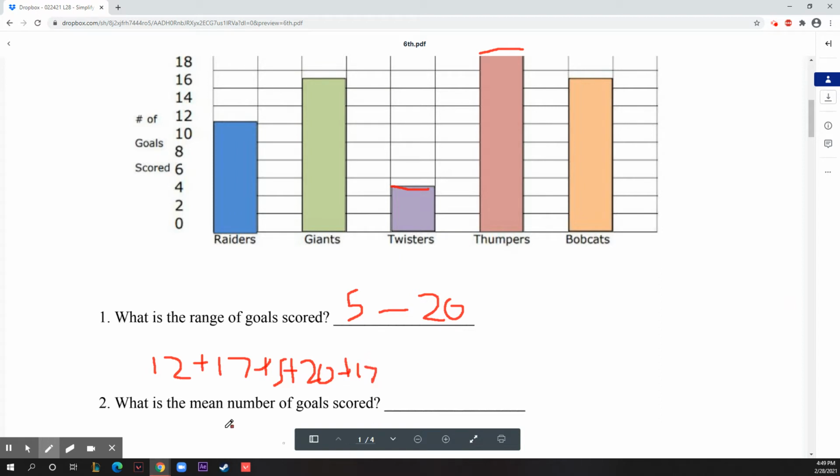And so you add all of this together, 19, 24, 44, and 61. So you get 61 and you divide by 5 because that's the number of hockey teams inside of the data set, and you get 12.2 goals.